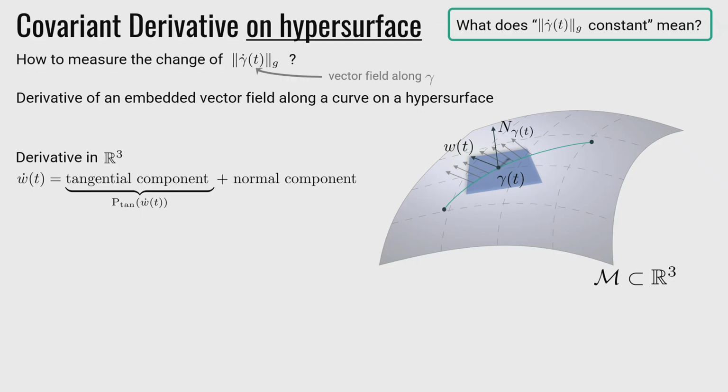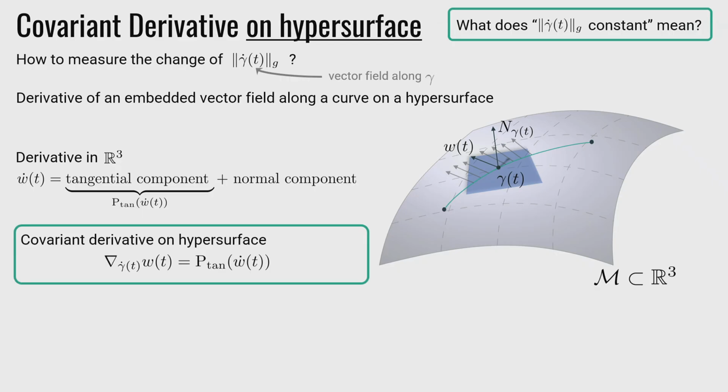And now if you want to define a derivative on your hypersurface, then you only can care about the tangential part, because the other part isn't even belonging to your surface. So on this hypersurface, the covariant derivative along your path is just the projection of the derivative on the tangential component.